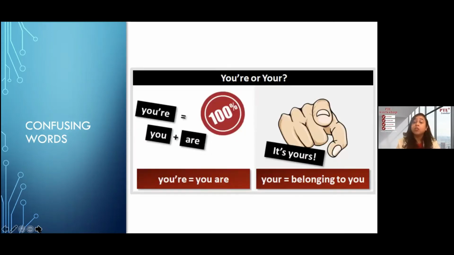Again, your or you're, the pronunciation is very similar, but obviously the spelling is different, the meaning is different, and grammatically these two spellings also mean two different things. So you're, with an apostrophe in the middle, is the short form of you are.